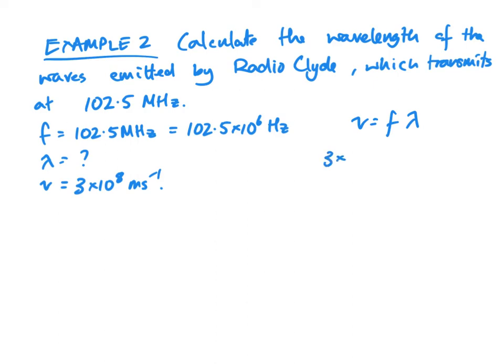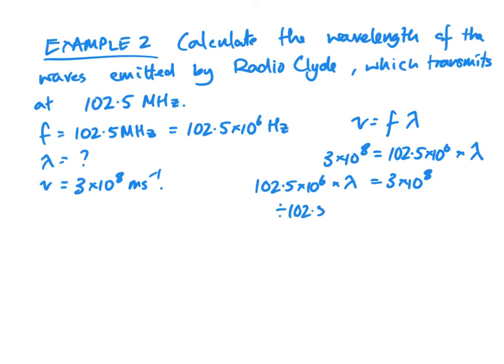Substitute in again. 3 times 10 to the power 8 equals 102.5 times 10 to the 6 multiplied by lambda. So remember, always put in that substitution step. I'm going to go with all the steps. Some of you might mathematically be able to go straight from the second line to the last line.